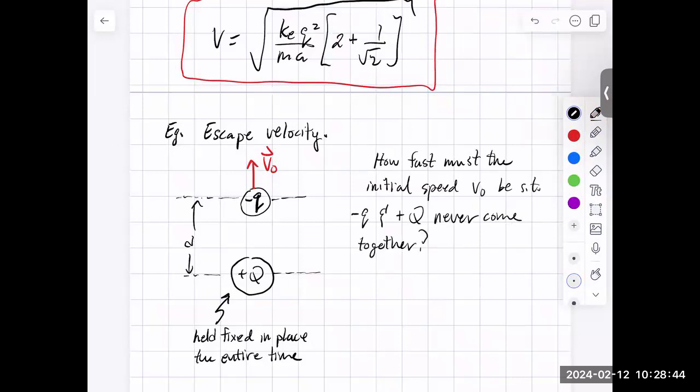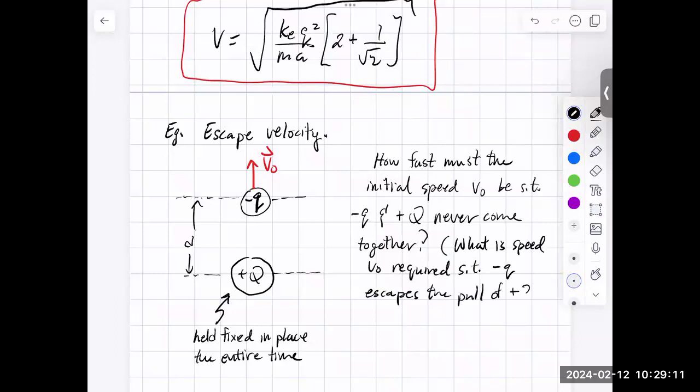In other words, what is the speed required so that little q escapes the pull of big Q? What is the speed v naught required such that minus q escapes the pull of plus Q?